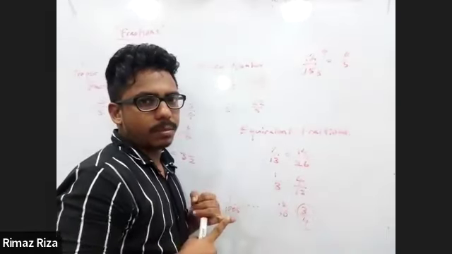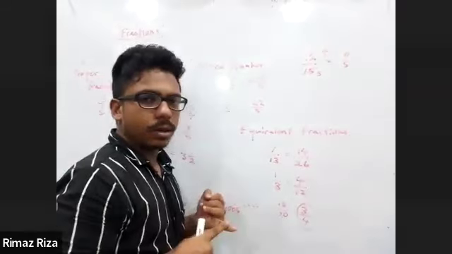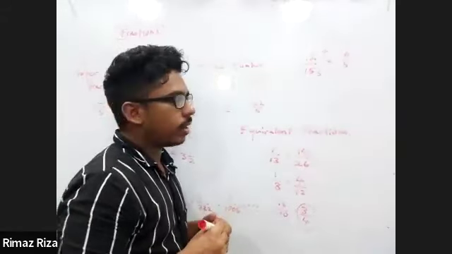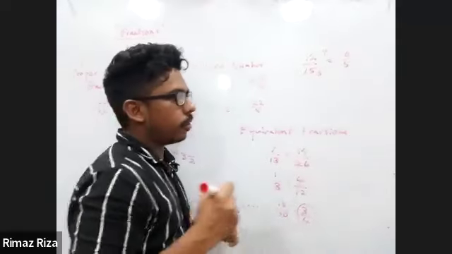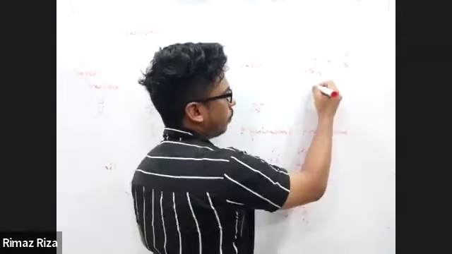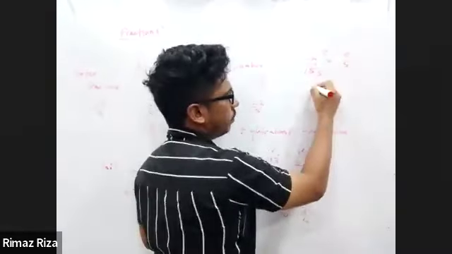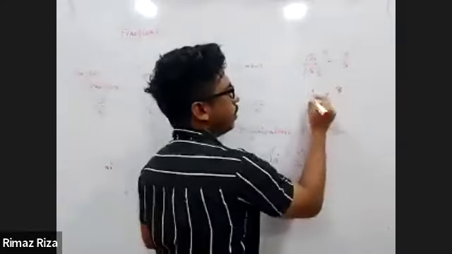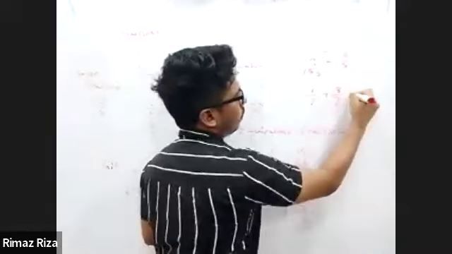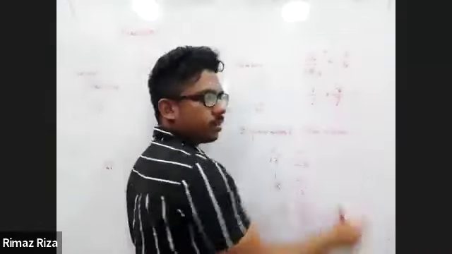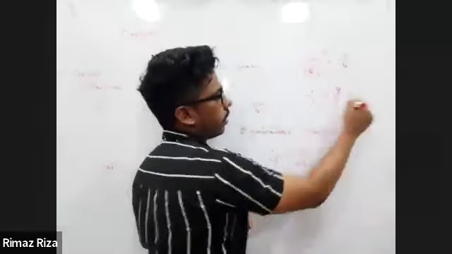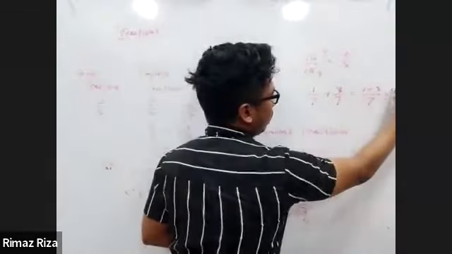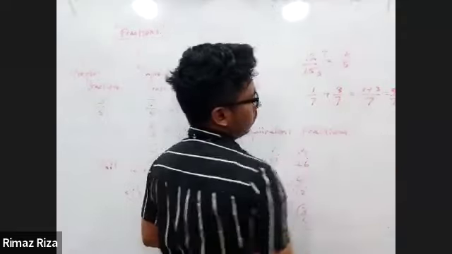Also, we studied prime numbers, and we studied prime numbers because we want to find the LCM, least common multiple. For example, now if we have an addition, let's say 1 over 7 plus 3 over 7. Here the denominators are same. So we can take the common denominator 7, 1 plus 3, it will be 4 over 7.